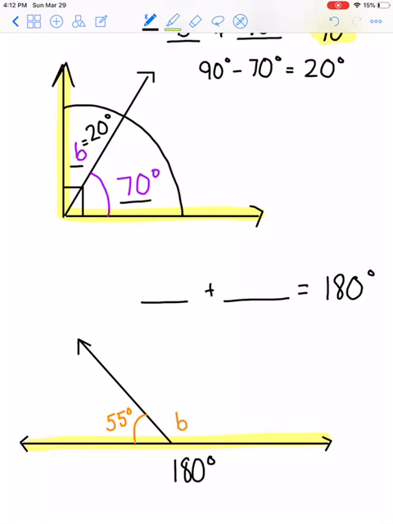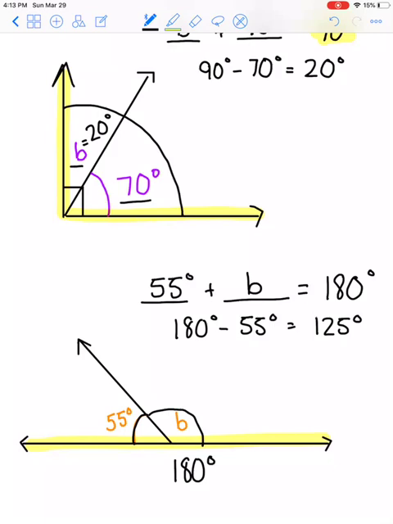So I know that the angle here is 55 degrees, but I don't know what this angle here is, and they put it as B. So if I switch this from an addition to a subtraction, it would be 180 minus 55 degrees, which would give me 125. So I know that B is equal to 125 degrees.